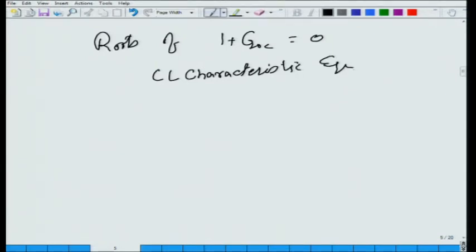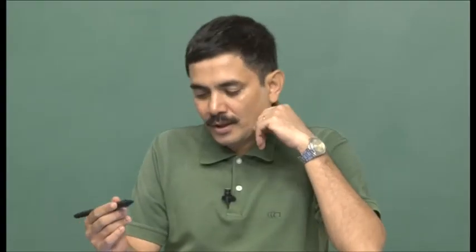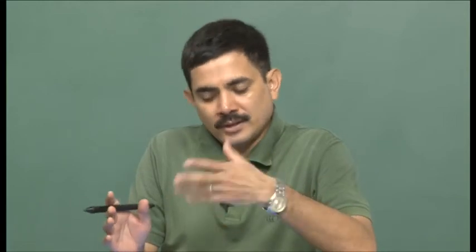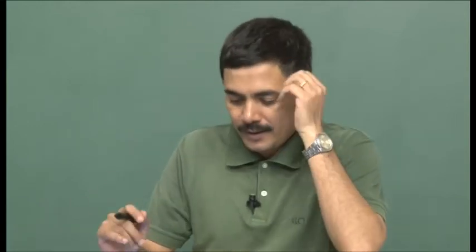So, now what we want to do is figure out whether this guy has any root in the right half plane. If it has any root in the right half plane, the closed loop system is going to be unstable. So, stability or instability boils down to figuring out whether the roots of the closed loop equation are in the right half plane or not. That is the crux of the matter. How do we go about figuring it out?